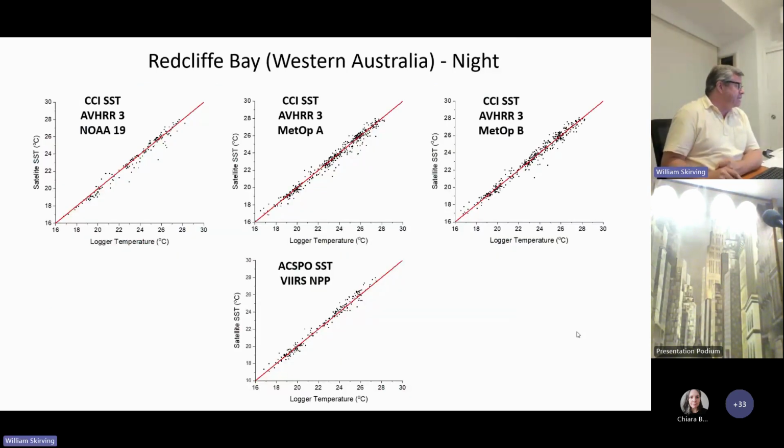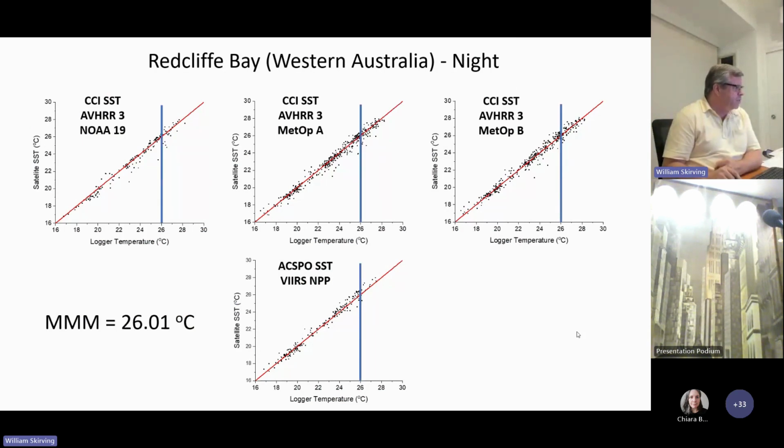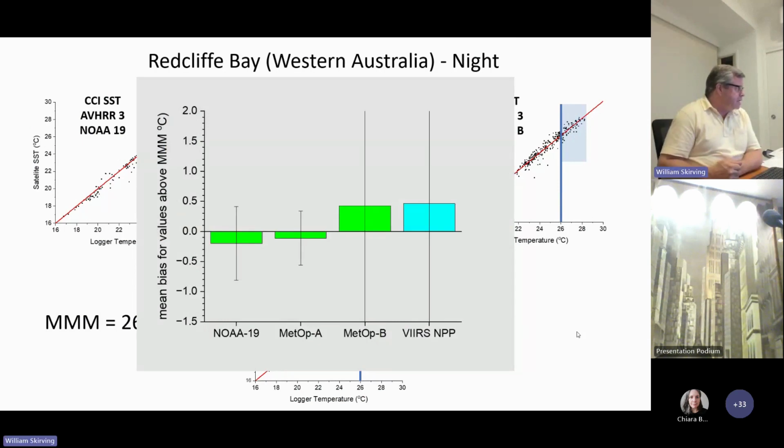And these are the results. Nighttime looks very, very similar to one another, and with an MMM of 26.01, you can see that that's a fairly pleasing result. Not too bad.